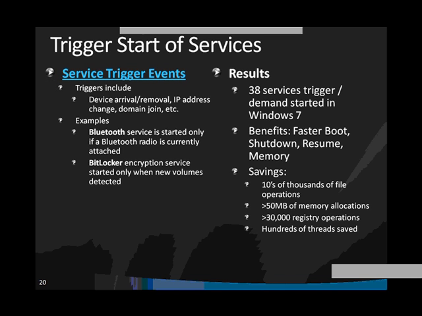Of course, the benefits include faster boot time, shutdown time, and resume time from standby and hibernation. With multiple file operations from all of these services no longer running, we save more than 50 MB of memory allocation, 30,000 registry operations, and hundreds of threads.